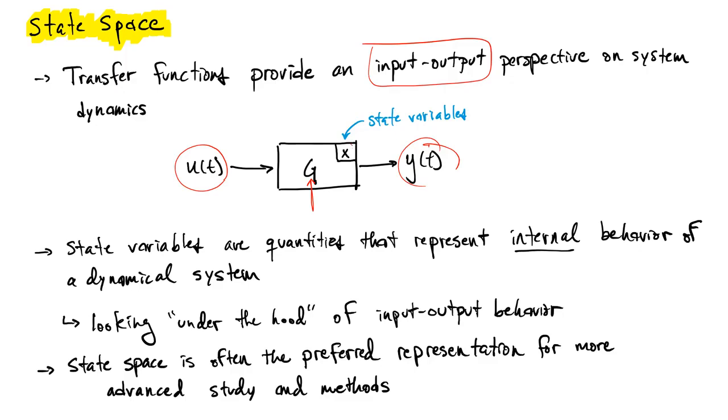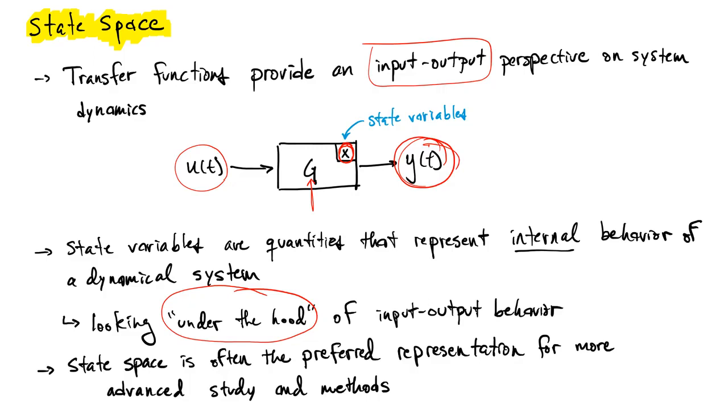So what we're going to say is that in state space, we're going to be paying more attention to the state variables, with the idea that the output that we actually see is either some subselection, like one of the state variables, or some combination of the state variables that are inside. So in some ways, we think about this as looking under the hood in terms of what's actually going on internally to the system.